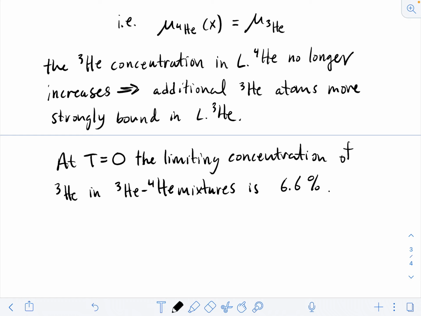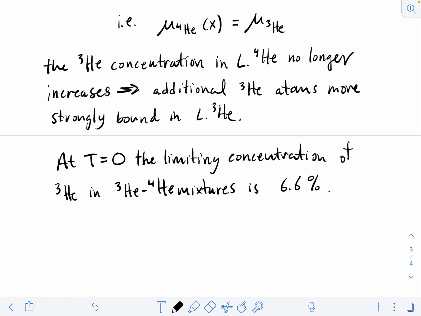After that, as we continue to add more helium-3 atoms, they'll float on top of that mixture, and they'll make a phase of pure liquid helium-3 that sits on top.